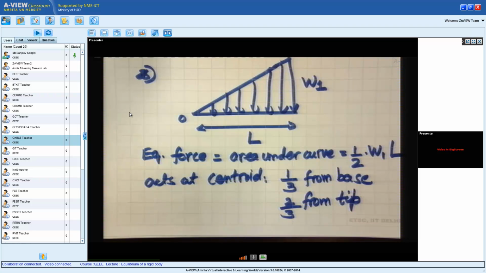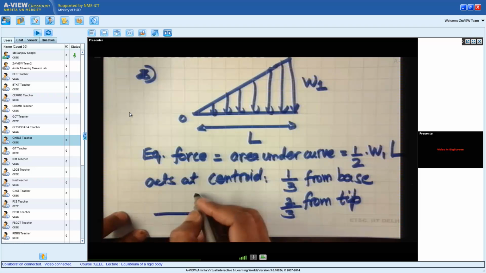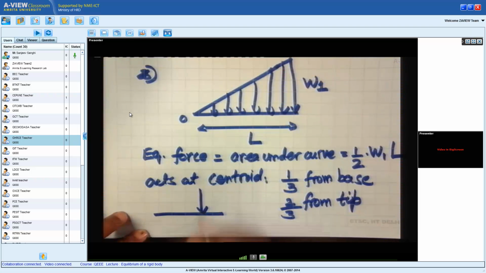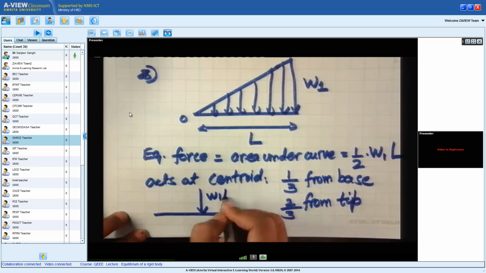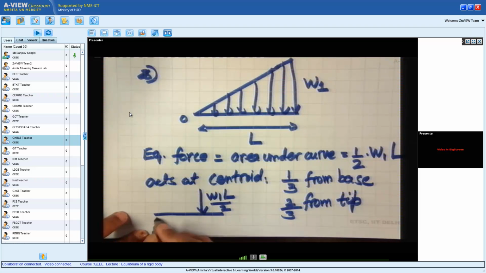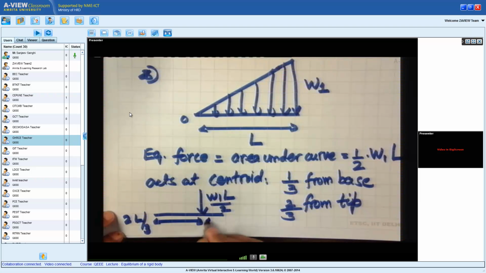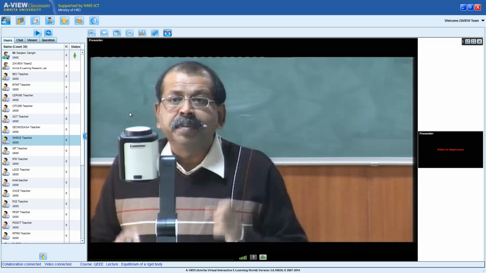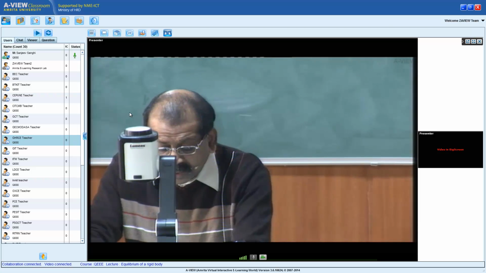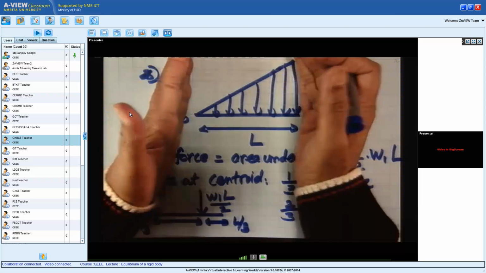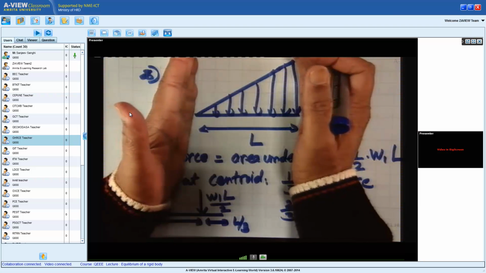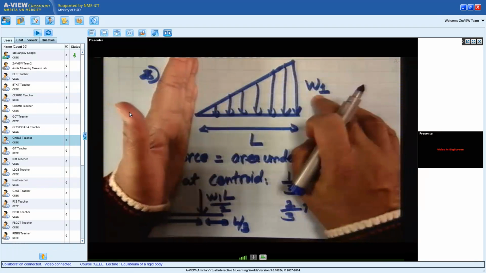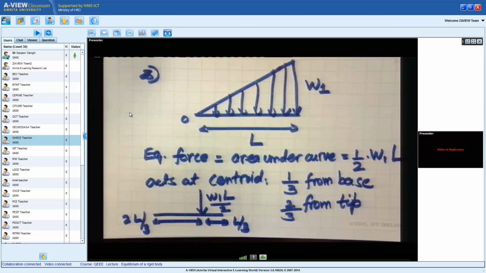So if we work this out, the equivalent will be W1 L divided by 2 at a distance of 2L by 3 from the tip and L by 3 from the base. So what this means is, if I have to do an equilibrium analysis of this part, I can replace this triangular load by a single load.